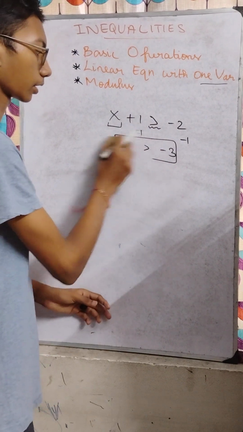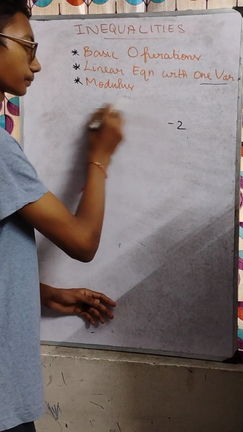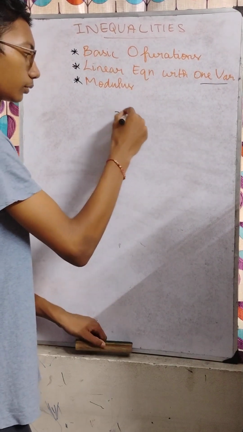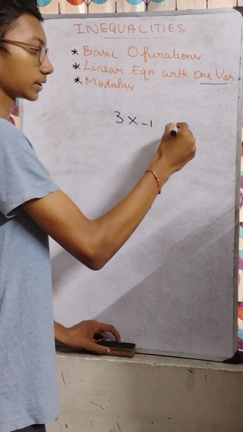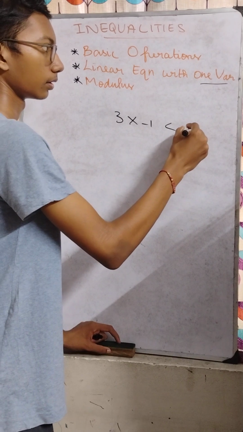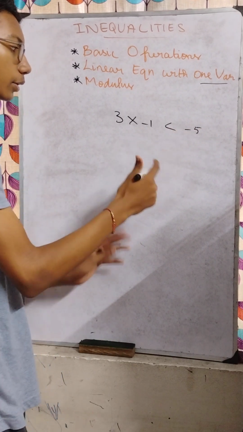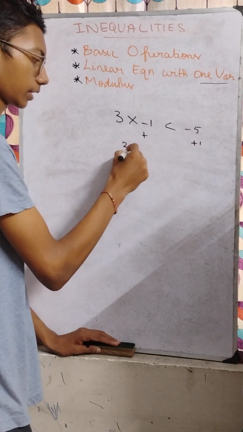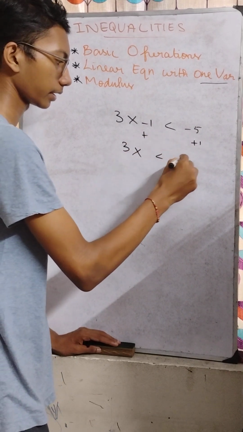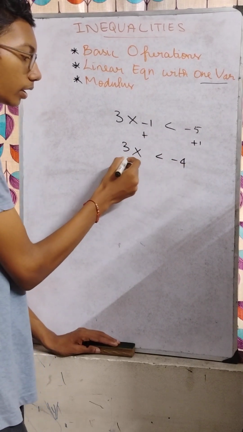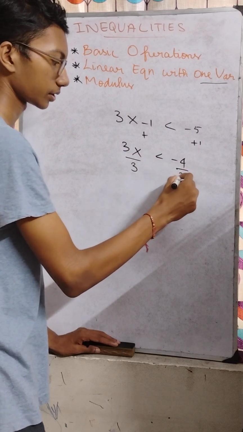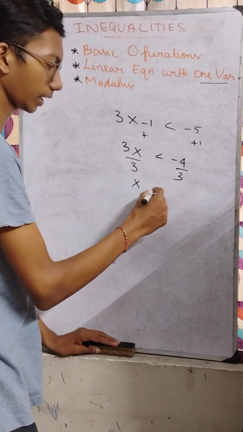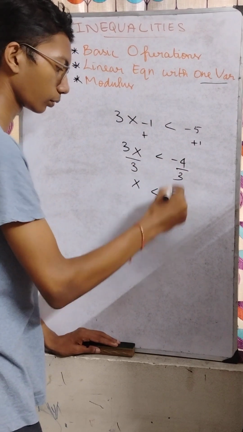Now let's take another example. Let's say we have 3x minus 1 is less than minus 5. Now again adding 1 on both sides, we have 3x is less than minus 4. Now we have to divide both sides by 3. So we have x is less than minus 4 by 3.